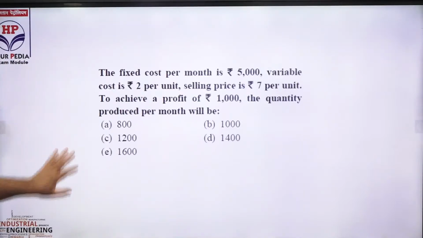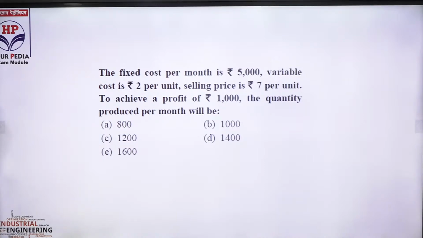Okay, let's proceed forward now and try to solve this question, each one of you. Fixed cost per month is given: F is 5,000. V is rupees 2 per unit. Selling price per unit is rupees 7, so S is 7. And you want to earn a profit of 1,000 rupees, so P is 1,000. Tell what is the quantity produced per month.